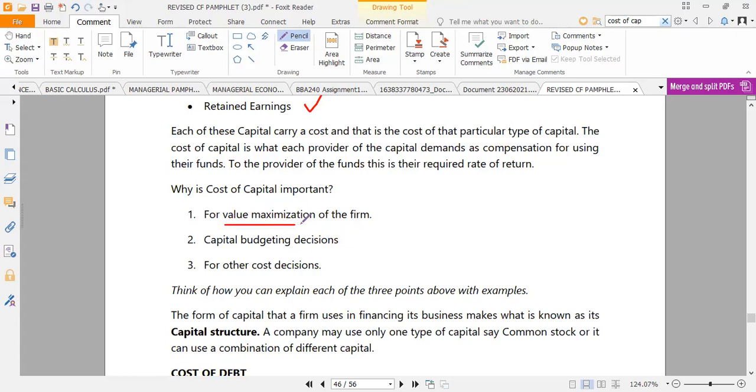Value maximization, we may need to know which of the available capital structures will help us maximize value, then capital budgeting decisions, and finally other cost decisions. As much as possible, you would want to minimize your costs.